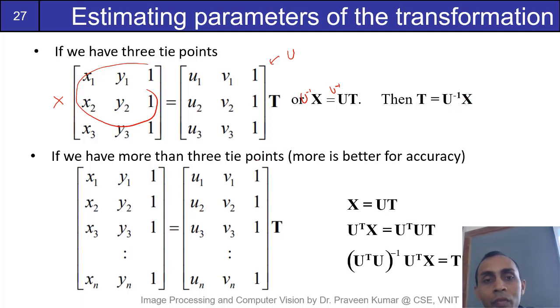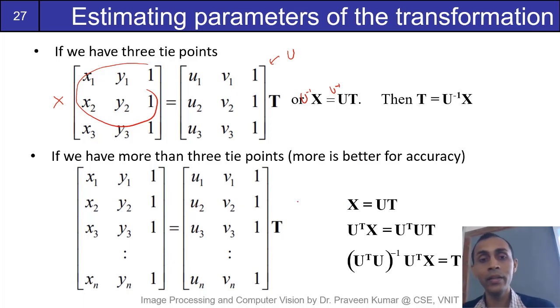But in practice, instead of using just 3 points, we'll try to get more points for more accuracy, because any three random points may not really be a representative set. So we'll try to have n corresponding points. But if we take more than 3 points, the matrix was square before, so we could take an inverse, but now it is not a square matrix and you cannot invert it. So we go for a pseudo inverse, from your linear algebra.